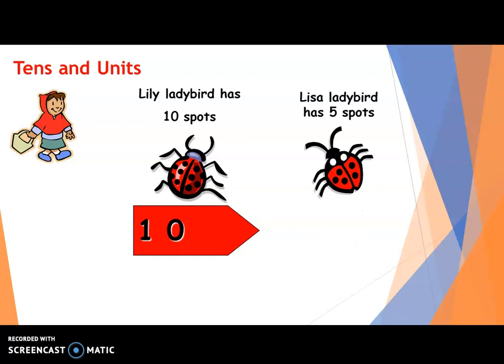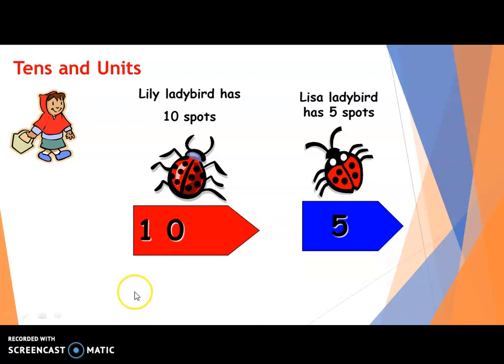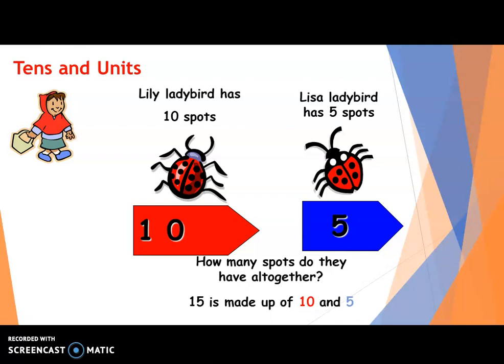Lisa Ladybird has 5 spots. So now Lily has 10 spots while Lisa has 5 spots. How many spots do they have altogether? So we have 15 spots. 15 is made up of 10 and 5.